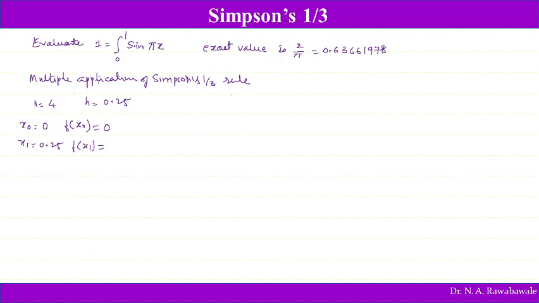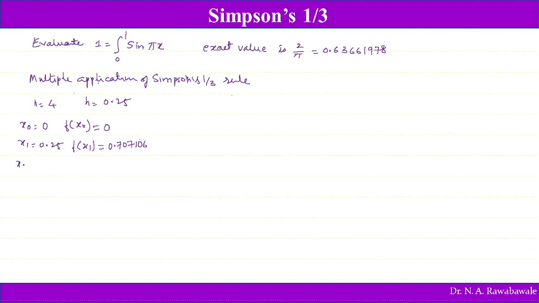Then we have to find sine of pi into 0.25. So this works out to be 0.707106.